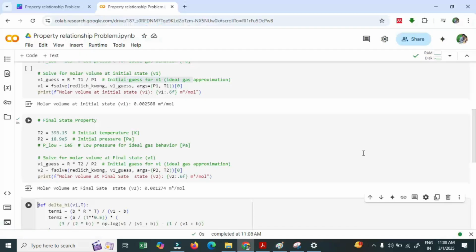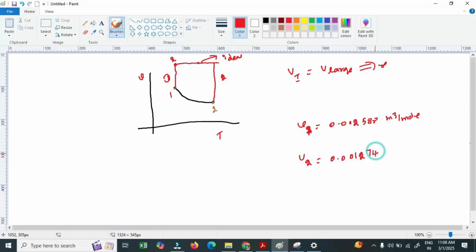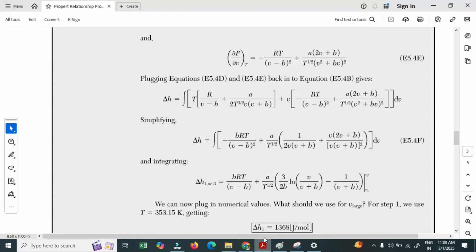I split it into two terms: term 1 is BRT divided by V minus B, and in term 2 I just combined all the other terms. Finally, this delH1 function will combine term 1 and term 2. The moment I give V1 and T1, that will give me back the change in enthalpy.